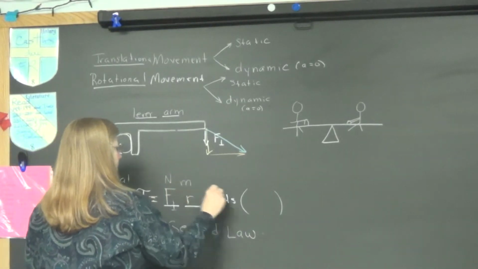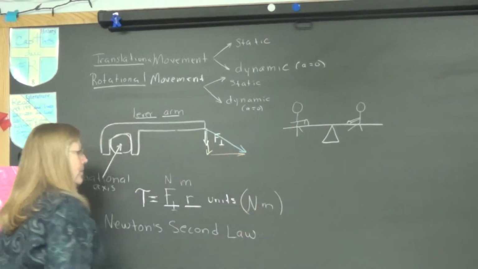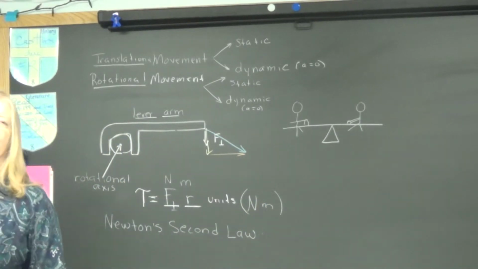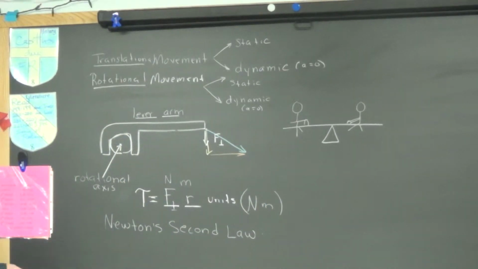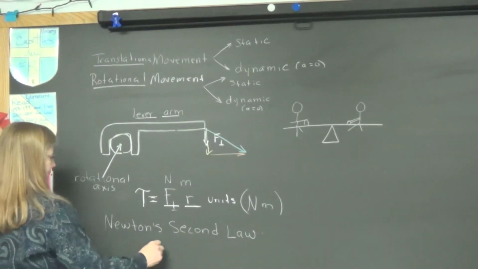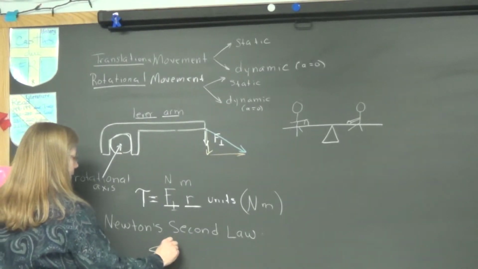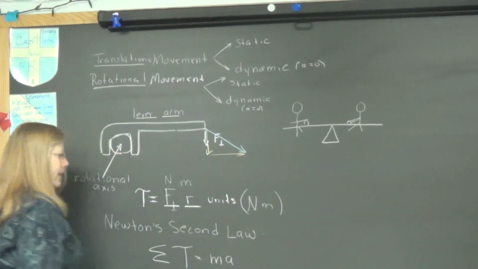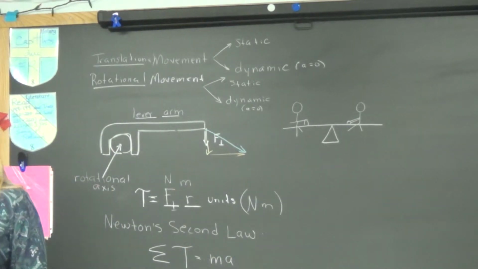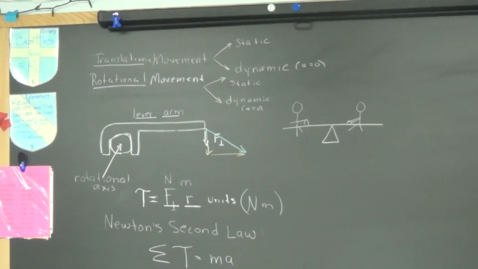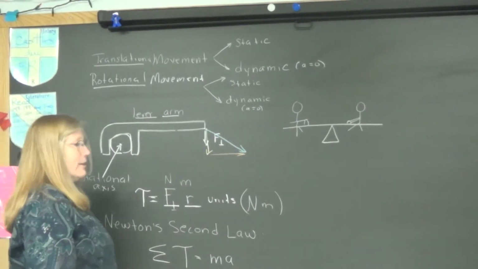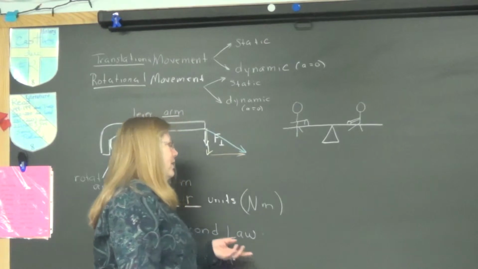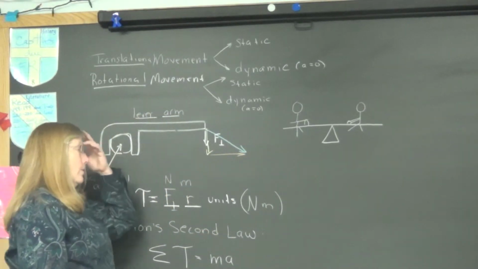Right, newton meters. And we do not rename that. We actually use newton meters or foot pounds or similar units. So Newton's second law comes around and says the sum of the torques equals I alpha, just like the sum of the forces equals MA.